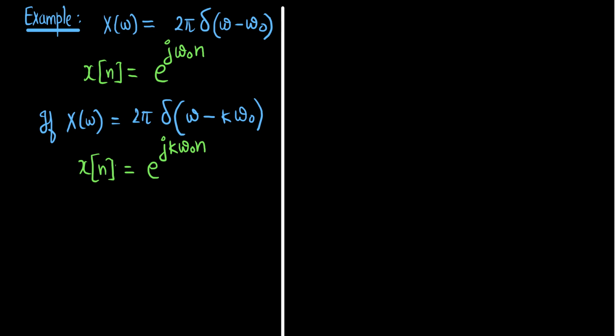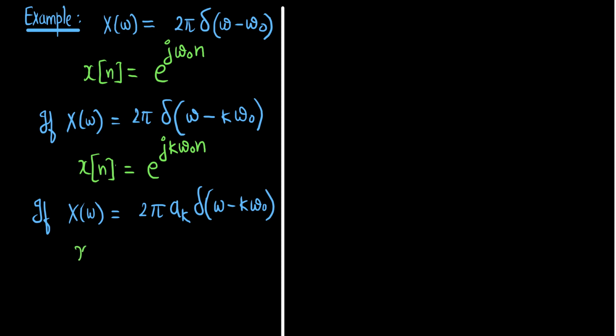Now let's try to again take a modified version of this x of omega. Let's say x of omega is 2 pi times again a scalar factor a k times del of omega minus k times omega naught. The same scaling factor is going to appear in x of n.